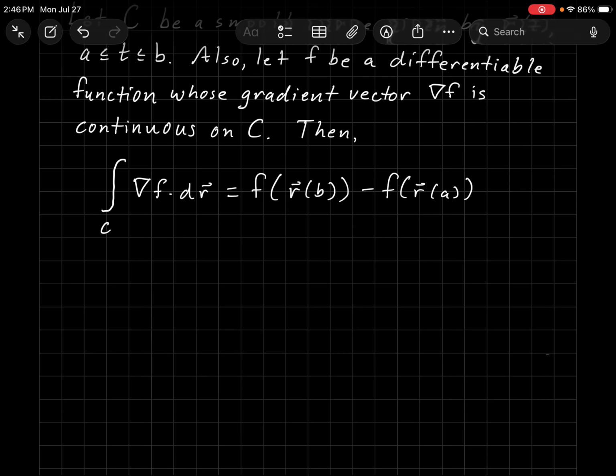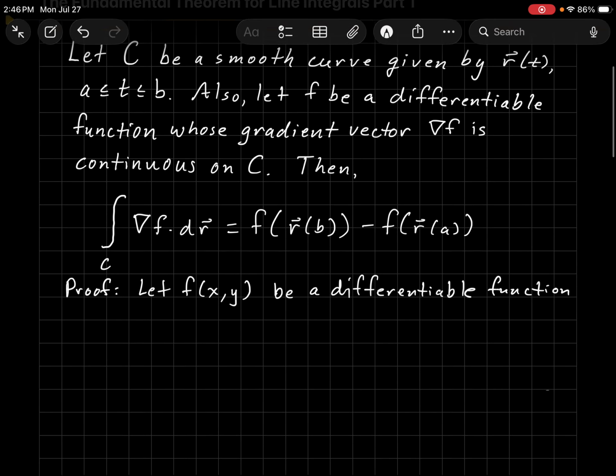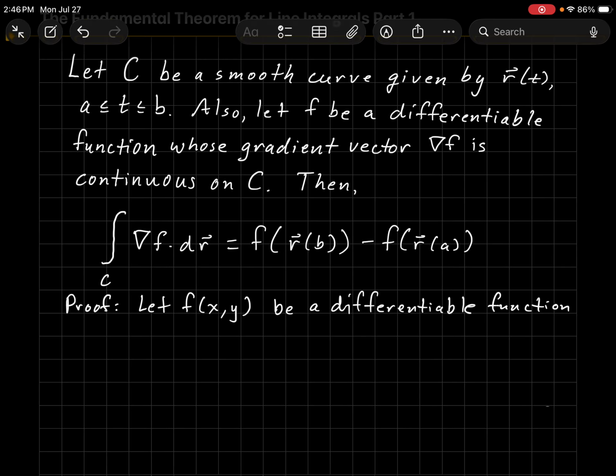That is, let f be f of x y. We'll say let f be a differentiable function with all the other conditions that are given in the fundamental theorem of line integrals above. Just not going to rewrite all those.